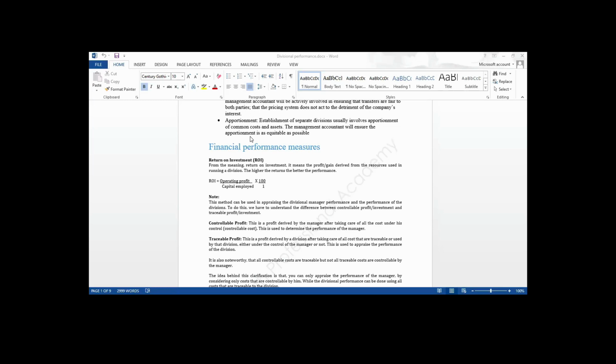Taxation is not within the control of the manager. It is government that determines the tax rates. That's what we call controllable profits. This is a profit derived by the manager after taking care of all costs under his control.